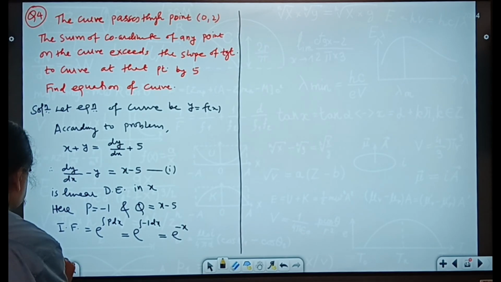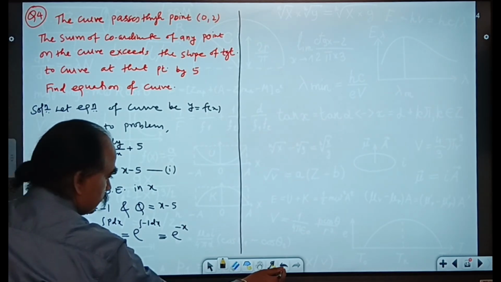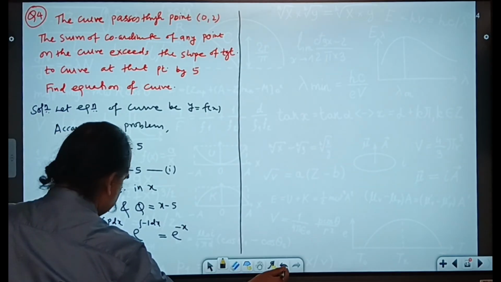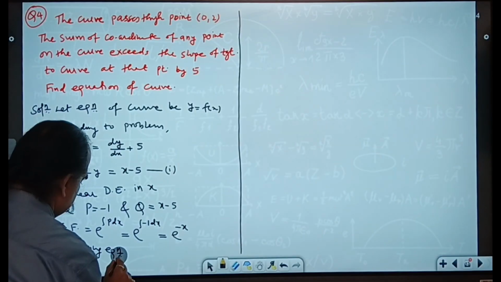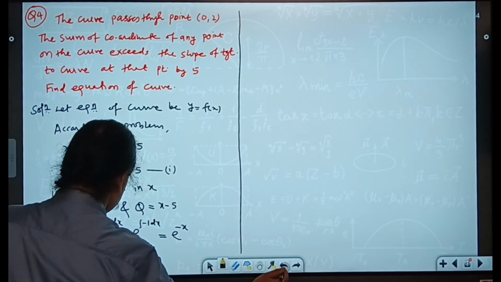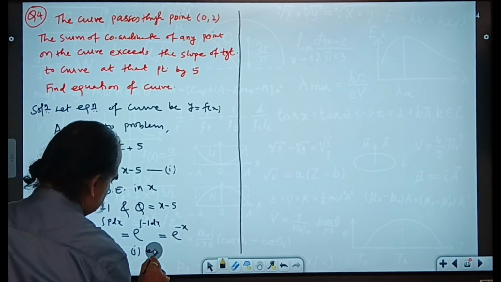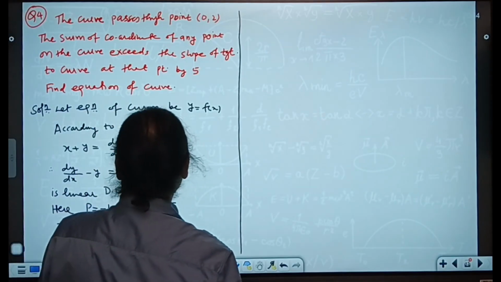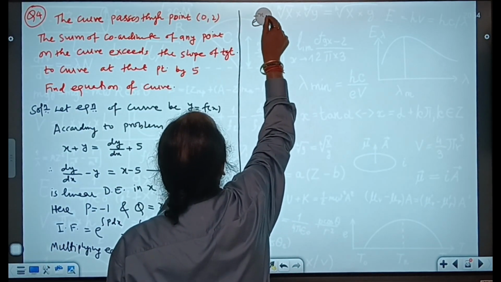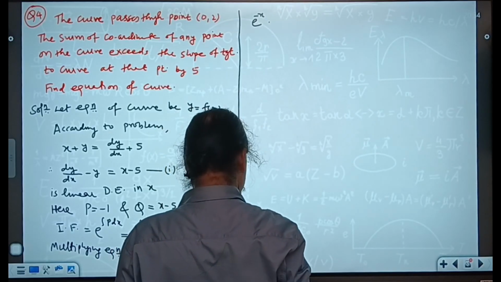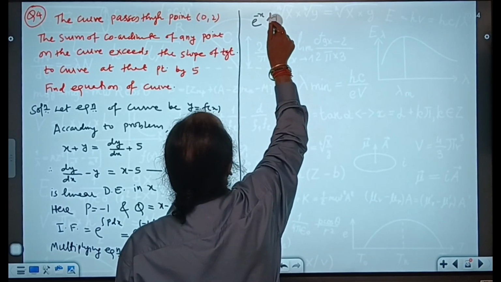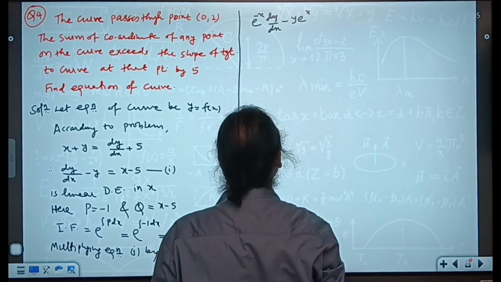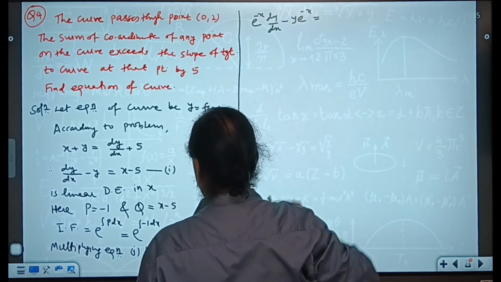Multiplying equation 1 by e raised to minus x, we get e raised to minus x dy by dx minus y e raised to minus x is equal to x minus 5 into e raised to minus x.